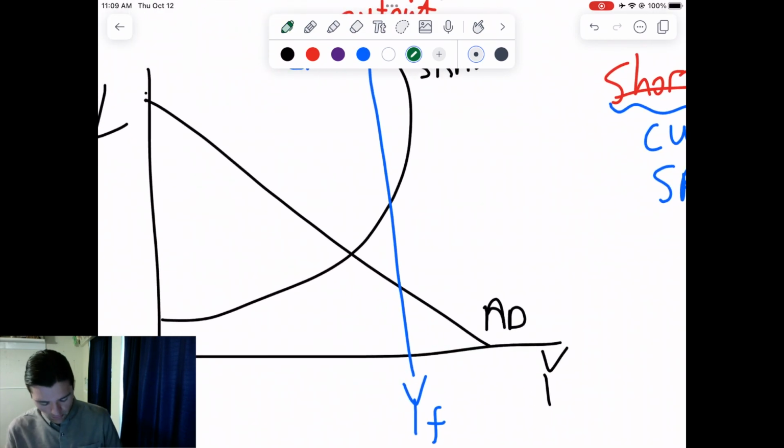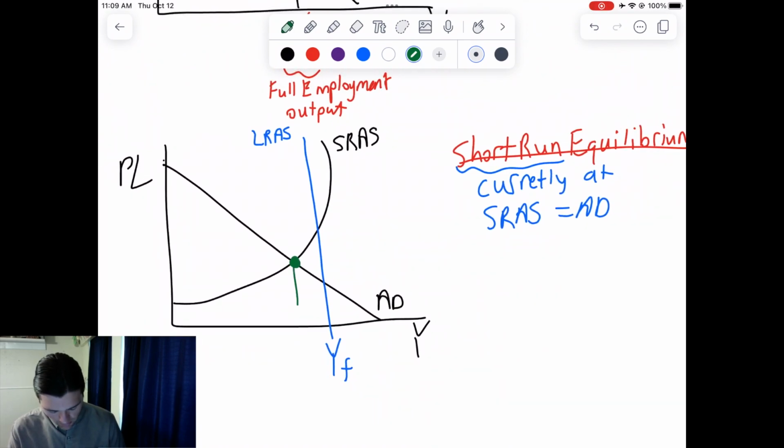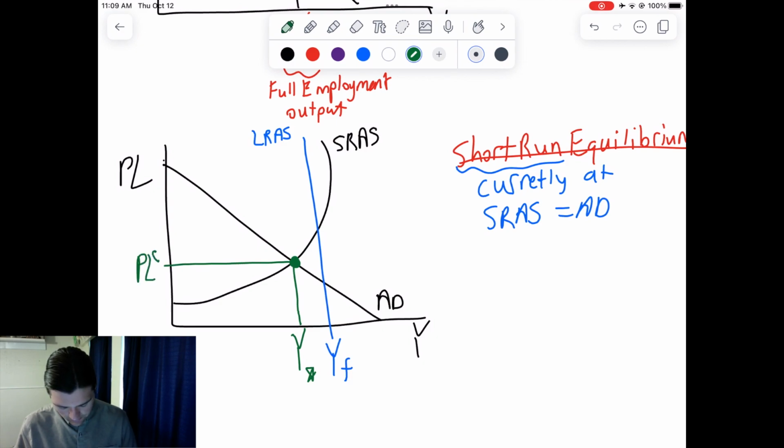So that would be right here. This is what we call Y star. So Y star is where you currently are, and this right here would be the price level. In this example, your Y star is less than your potential GDP.